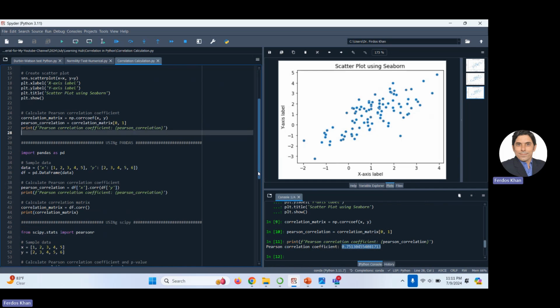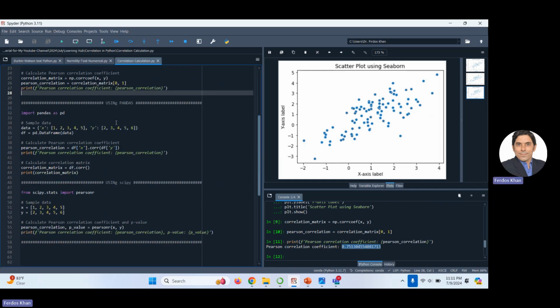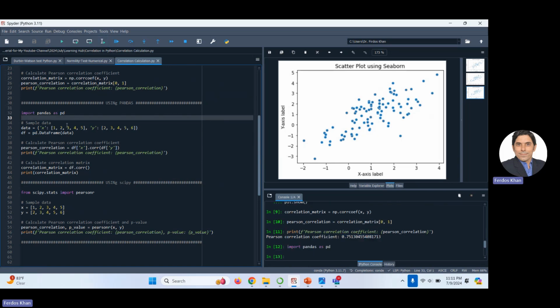Now, you can use pandas to calculate the correlation as well. You need to import pandas as pd, and I already have the data, so I don't need to generate it again. But this needs a data frame, so you need to convert this to a data frame.